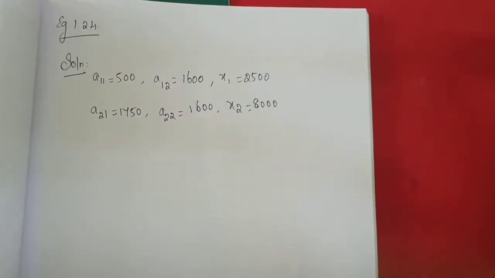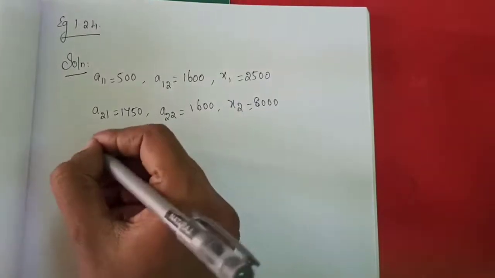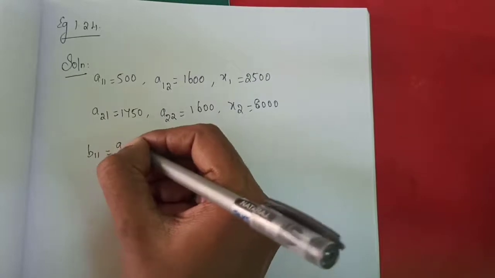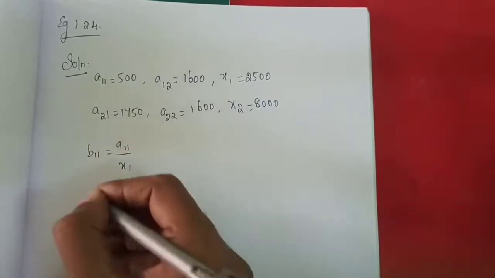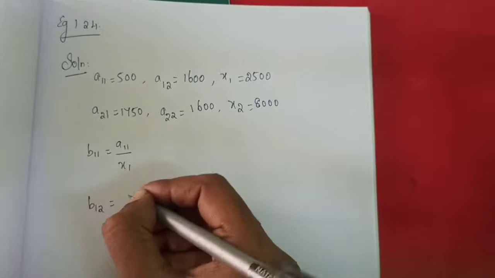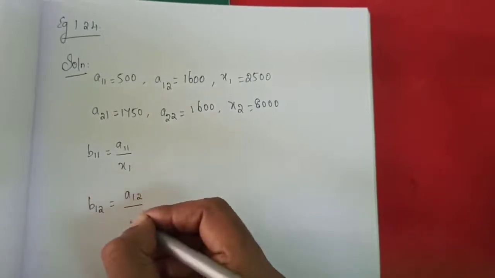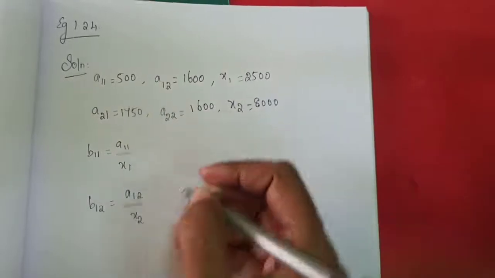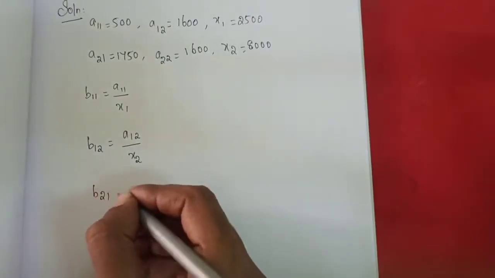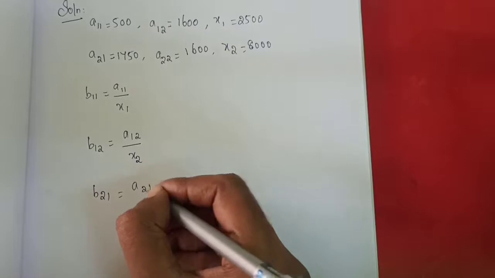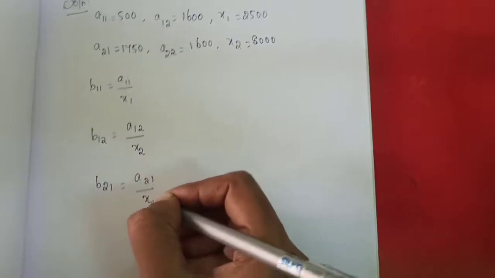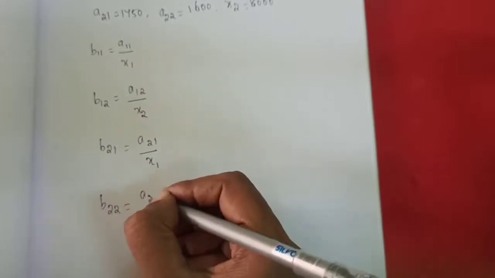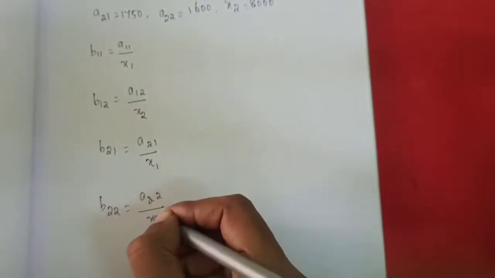Now I will tell you how to find the technology matrix. B11 means A11 divided by X1. B12 means A12 divided by X2. Then B21 means A21 divided by X1. Then B22 means A22 divided by X2.